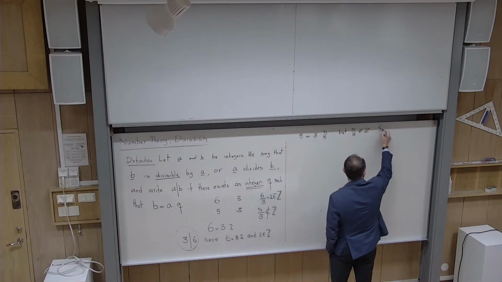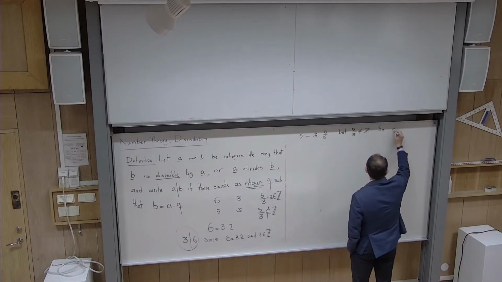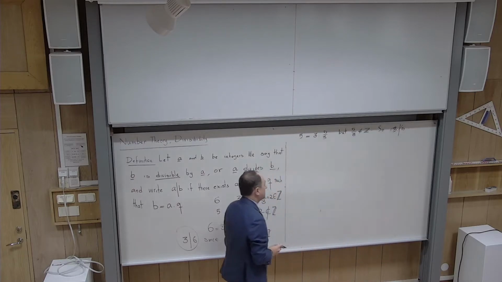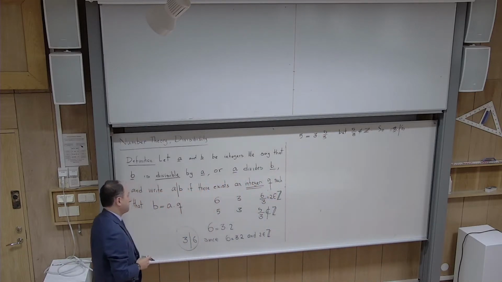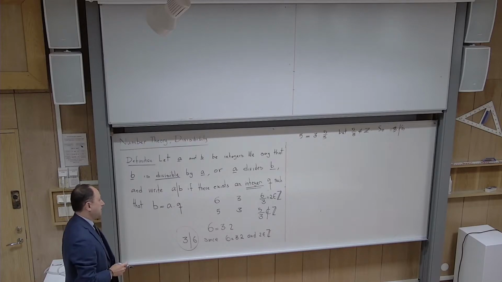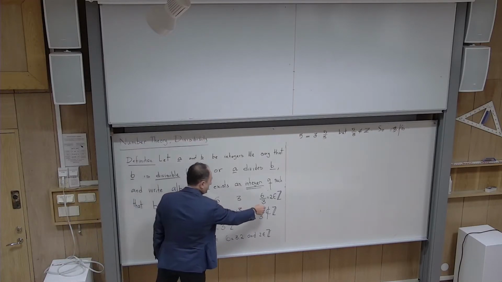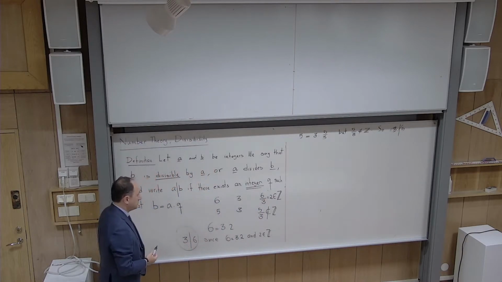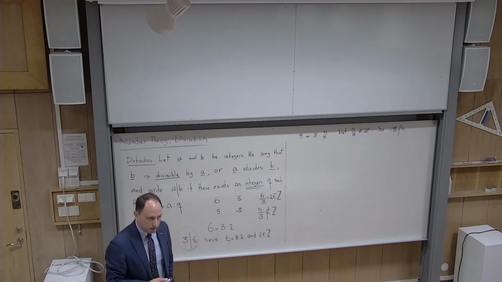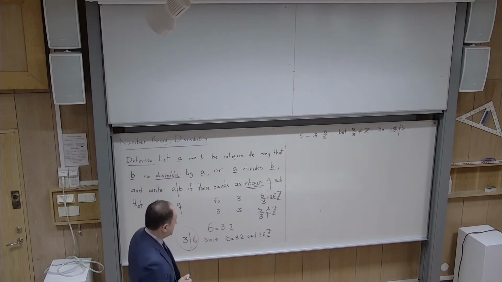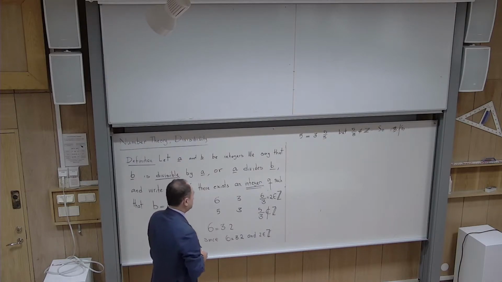So 3 does not divide 5, or 5 is not divisible by 3. Again, I repeat, there is a much faster way of understanding things. Just divide them. If the answer is an integer, it is divisible. If not, it's not divisible.